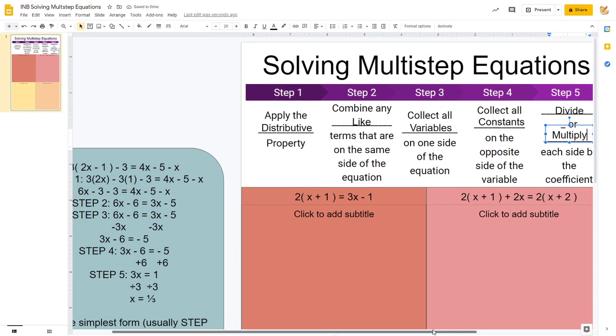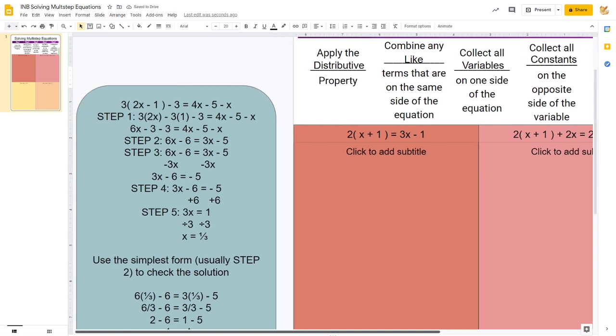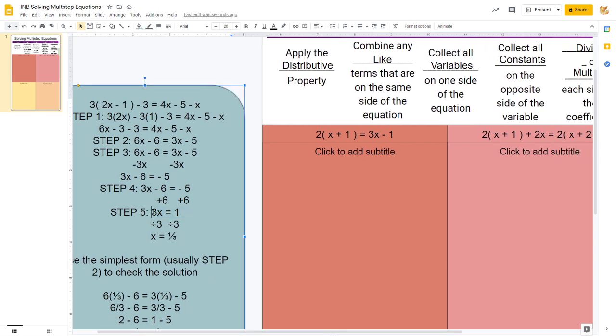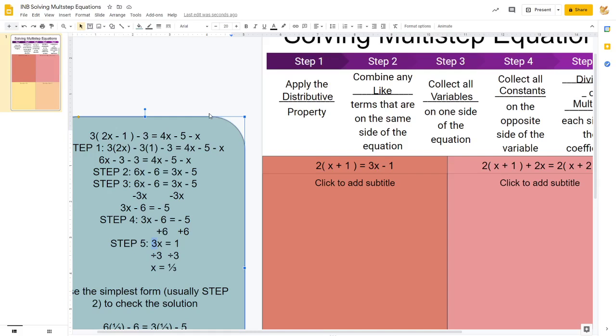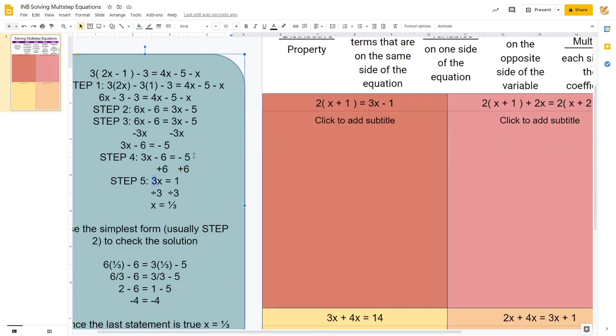Each side by the coefficient. Now the coefficient is this number in front of the variable. Sometimes it's divided by a number, sometimes it's multiplied by a number. But whatever you do that last. So this is kind of like inverse operations for order of operations.